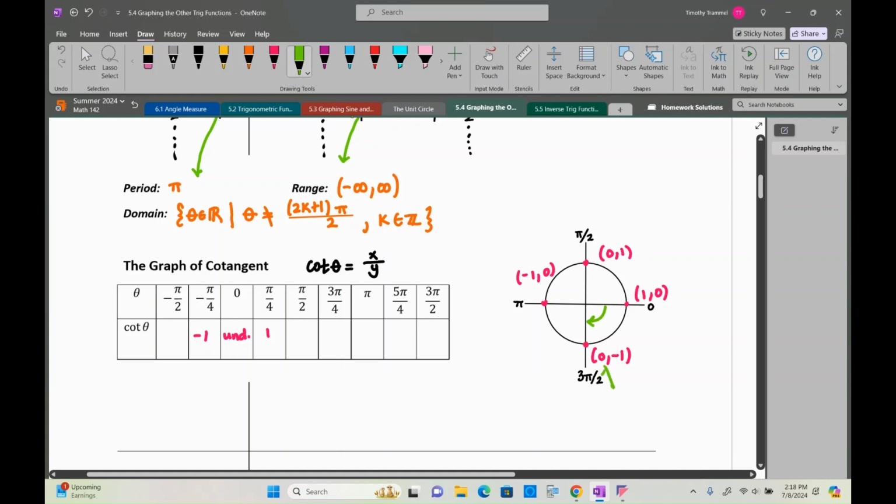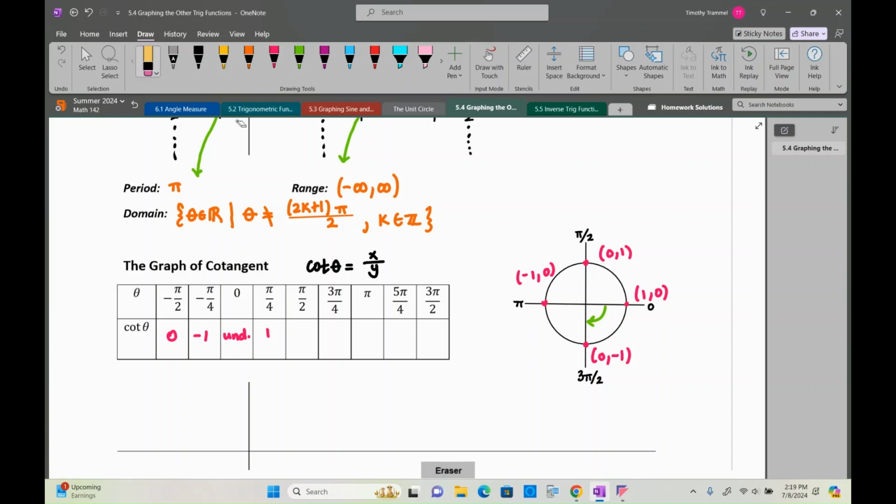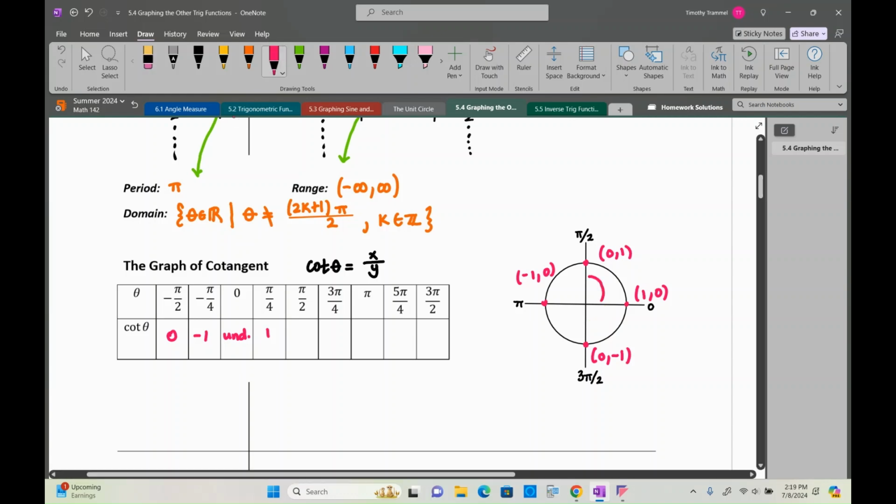So if you do x divided by y, you'll get 0 over -1, which is just 0. And if we look at pi over 2, we're going to have almost the exact same thing happen. So this angle here. If you do x divided by y, you're going to get 0 divided by 1, which is 0. And now the pattern's just going to repeat. This is going to go -1, undefined, and then 1 and then 0.